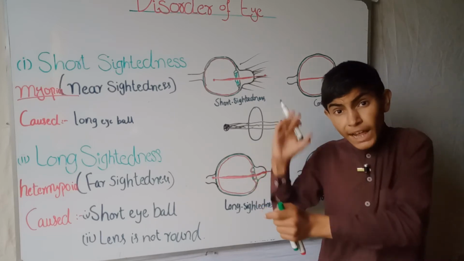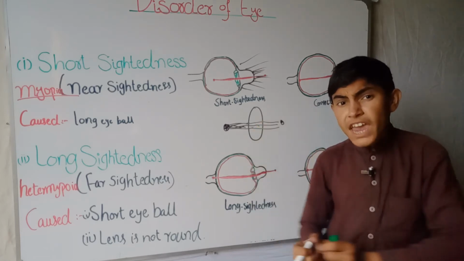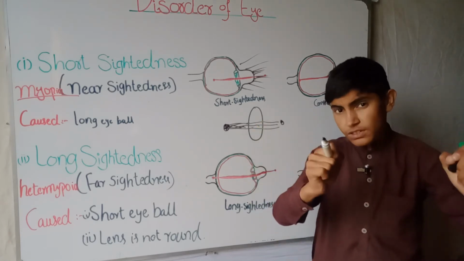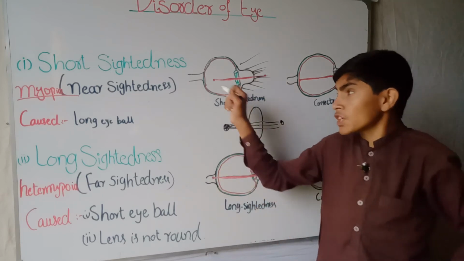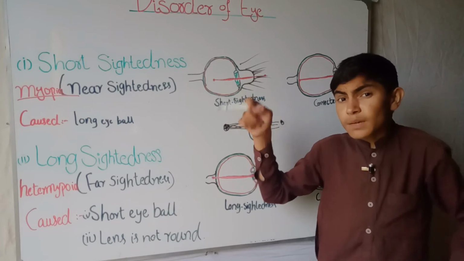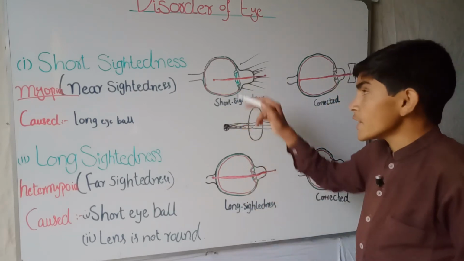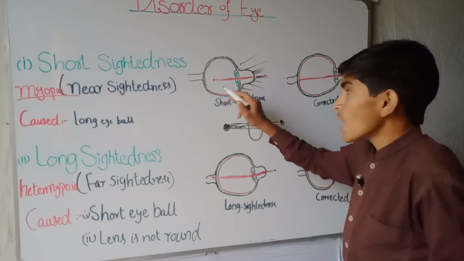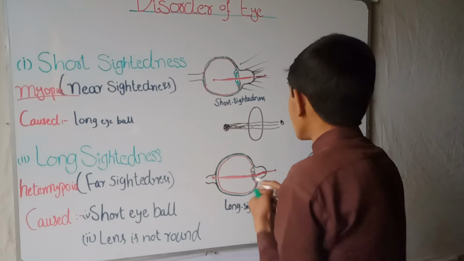Before, through the long eyeball, it was converged a little, but after passing through the convex lens it is completely converged, and it is not able to reach the retina. Instead it is focused on the front side of the retina.